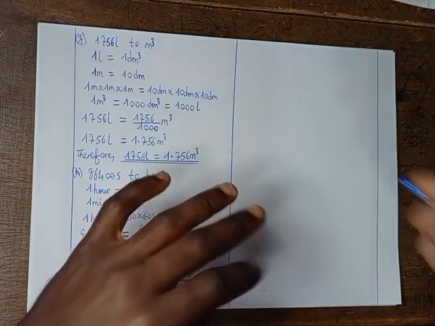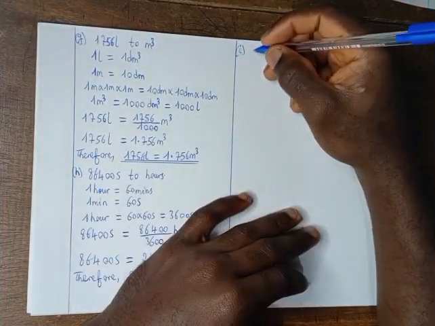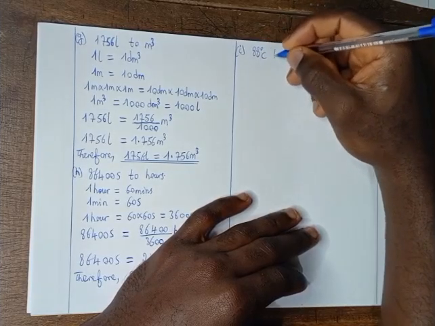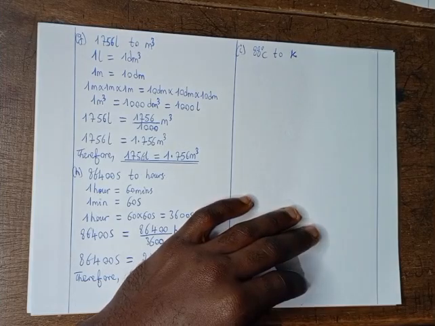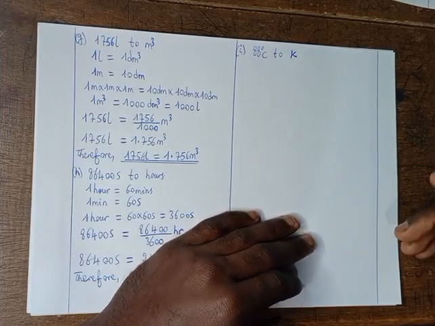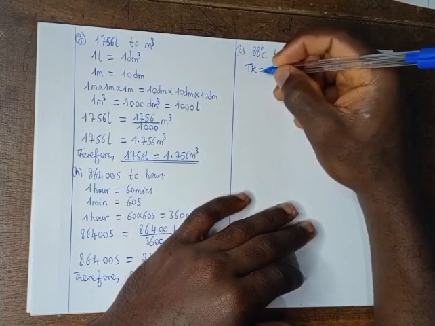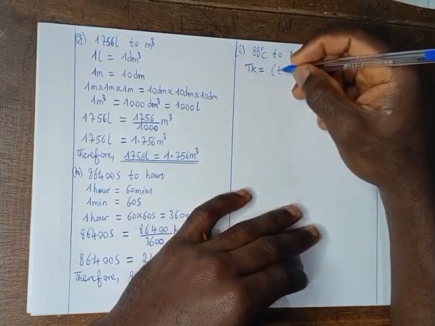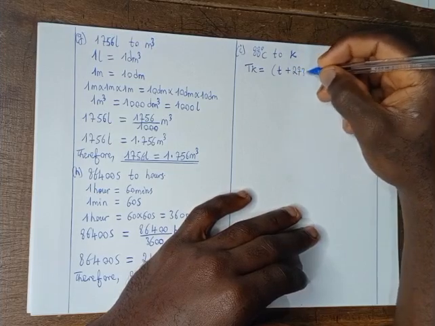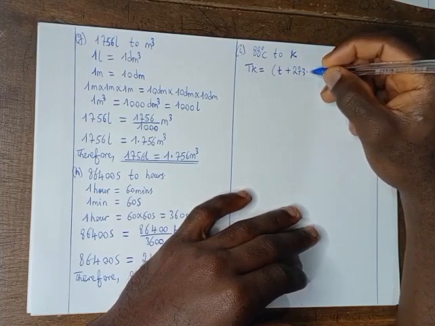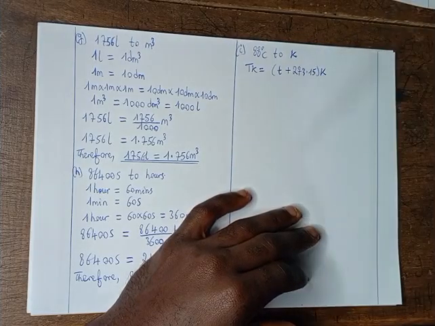We go now to question I. For I, we are to convert 88 degrees Celsius to Kelvin. For us to convert from degrees Celsius to Kelvin, we are going to make use of this formula. We know the temperature in Kelvin will simply be equal to the value of the temperature in degrees Celsius plus 273.15, and the unit will simply be Kelvin.